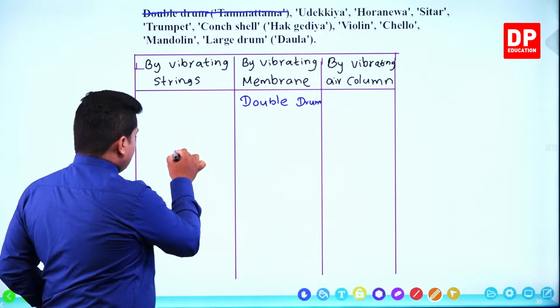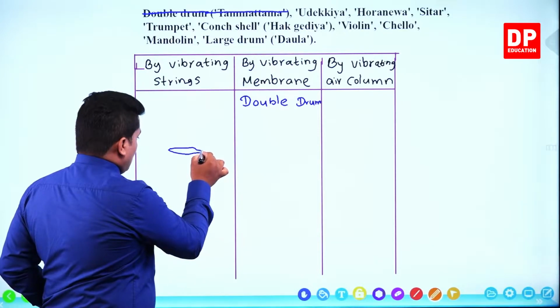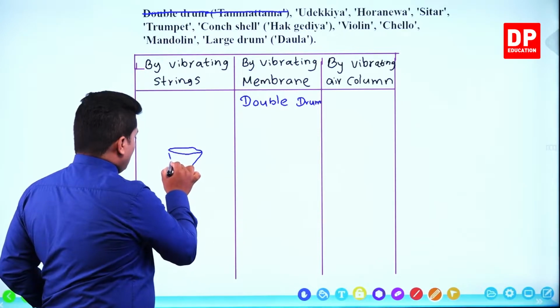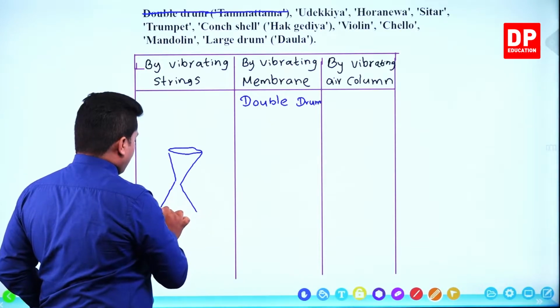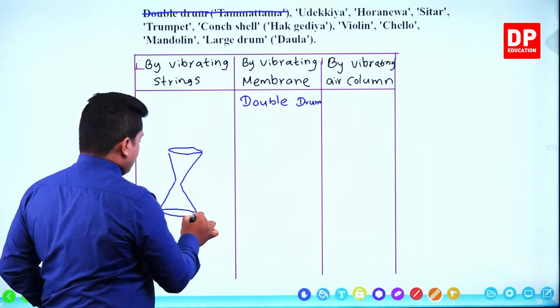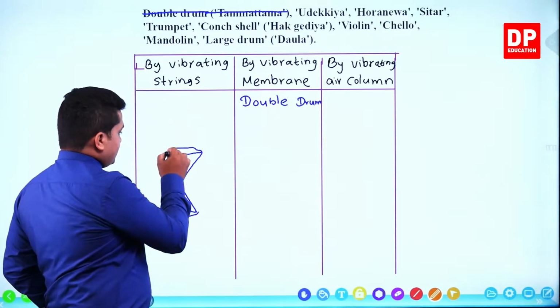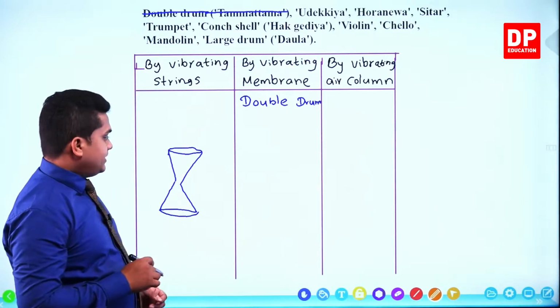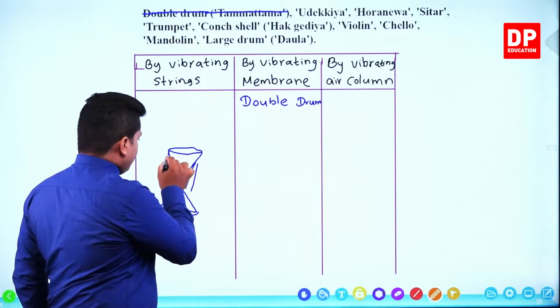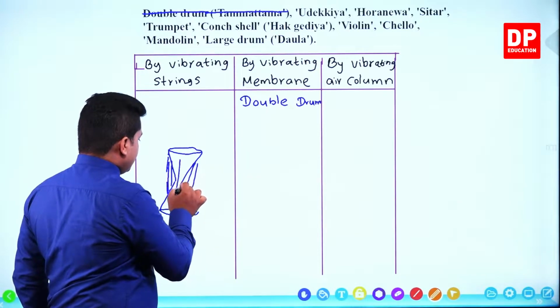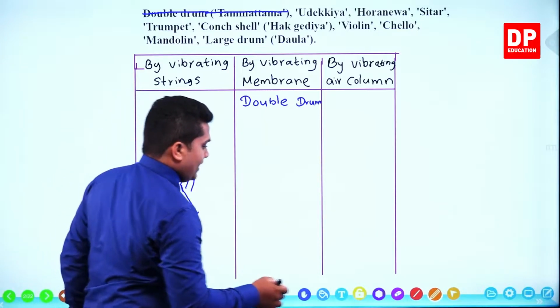It has two cylindrical shapes, conical shapes like this, and there are several lines through it.